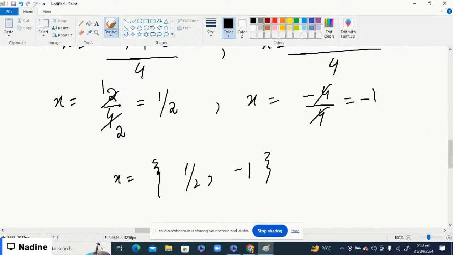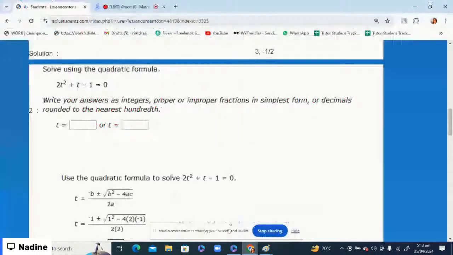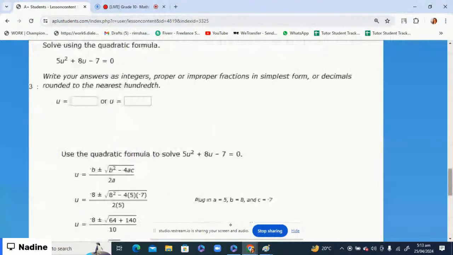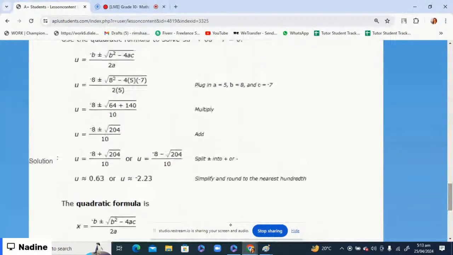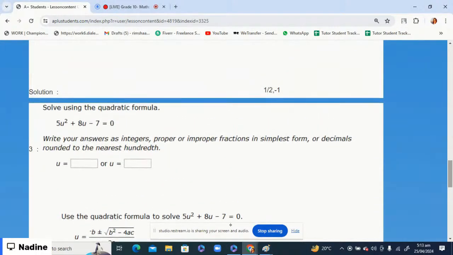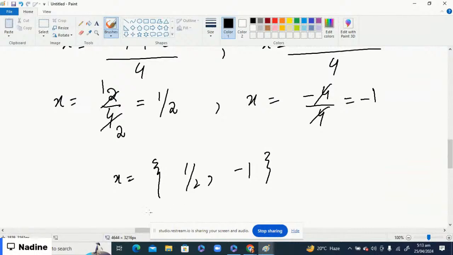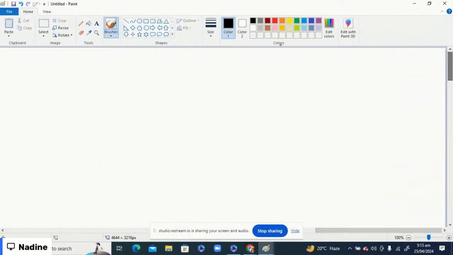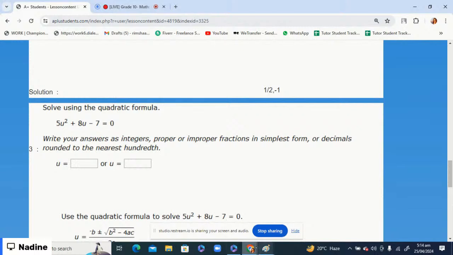Okay, let's do one more question. Yeah, let's do this one. 5u square plus 8u minus 7.